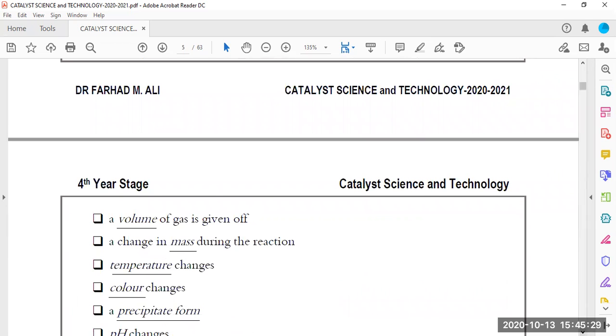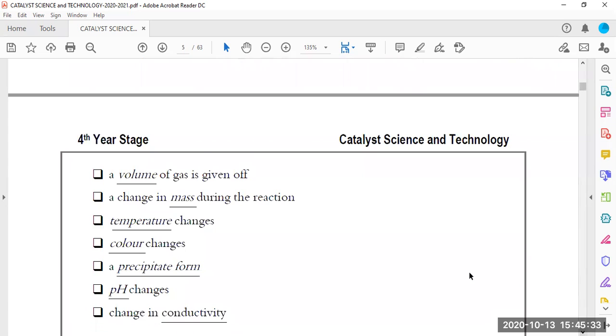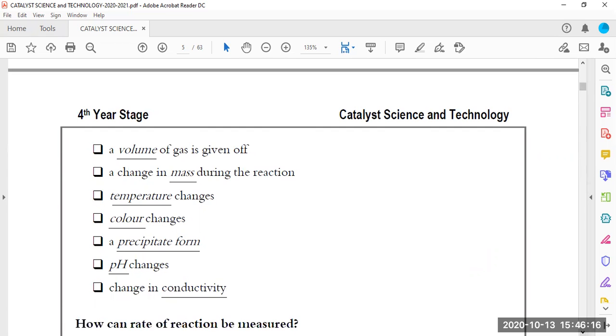So usually, in general, how we study the rate of reaction could be the volume of gas given off, for example if we have carbon dioxide forming, we can measure the change in volume, or we can study change in mass of reactant, or the temperature change, or change in the color, because the change in color comes from the change in the concentration of the reactant or product, or a precipitate forming, or change in pH, or change in conductivity التوصيلية الكهربائية.